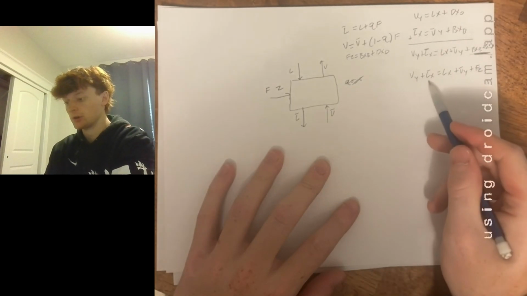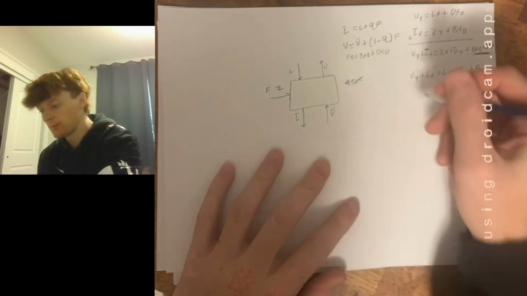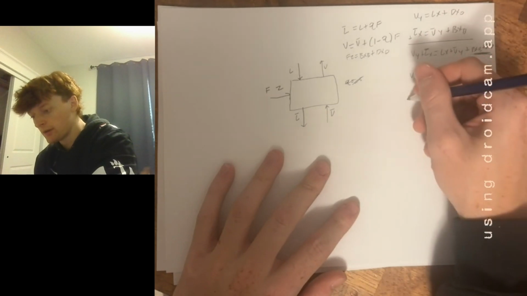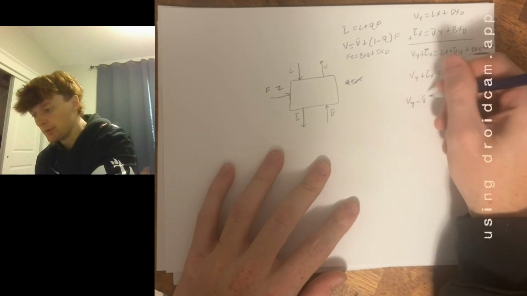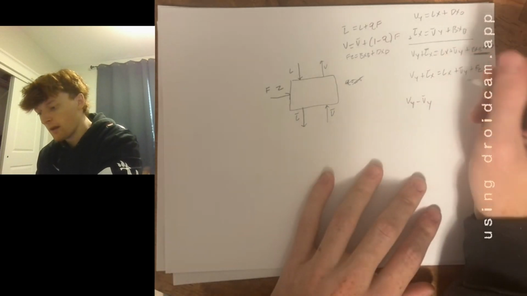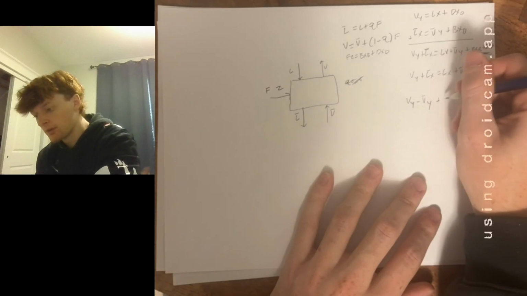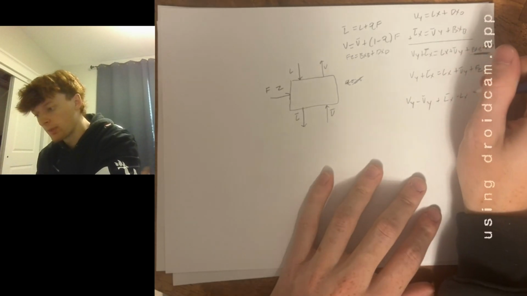And then we're going to group these terms together, our liquid terms and our vapor terms together. So we'll end up with Vy minus V-bar y, and then plus our L-bar x minus Lx.